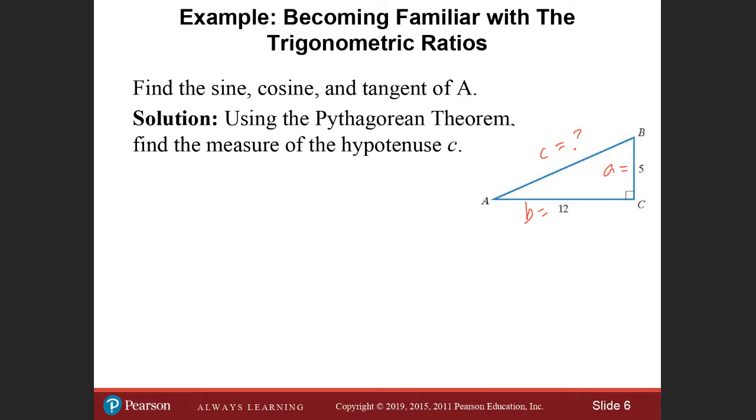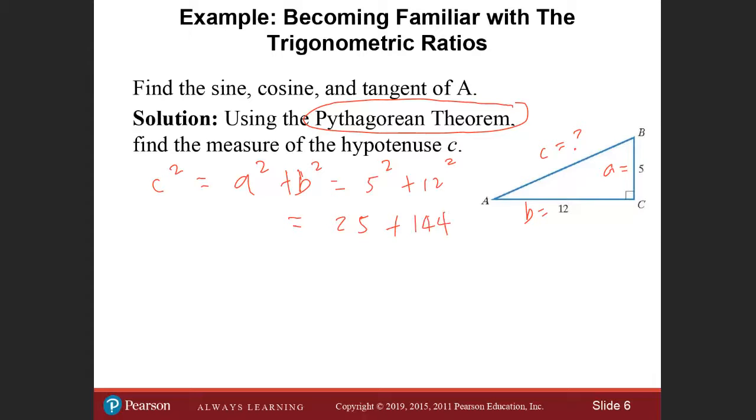So using the Pythagorean theorem, we know that C squared is equal to A squared plus B squared. We'll just plug in the values: 5 squared plus B is 12 squared. 5 times 5 is 25, plus 12 times 12 is 144.